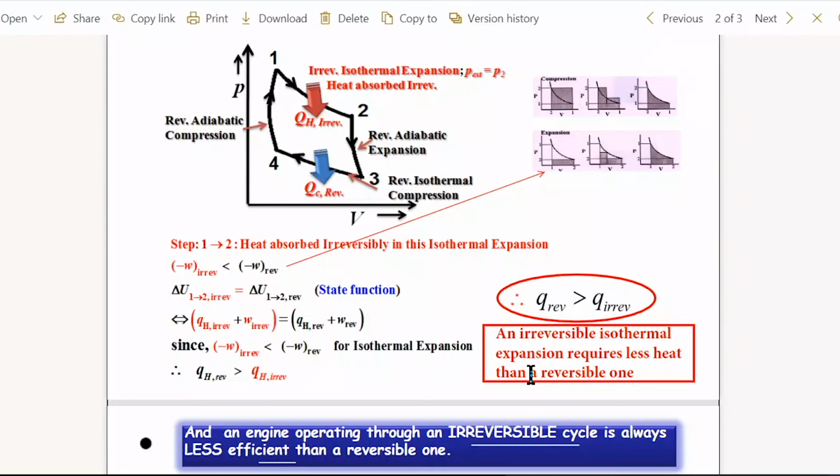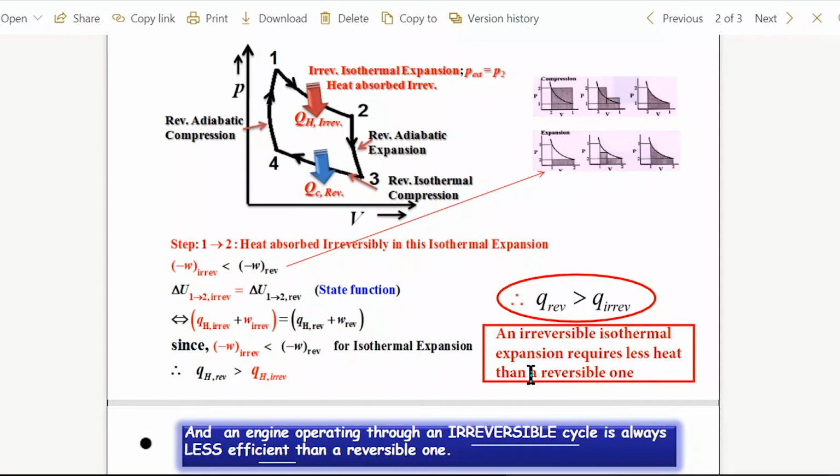So the heat required in an irreversible expansion is less than the heat required in the reversible step. So if I want to calculate the efficiency of this engine now, what will I have to write? What will be the efficiency?